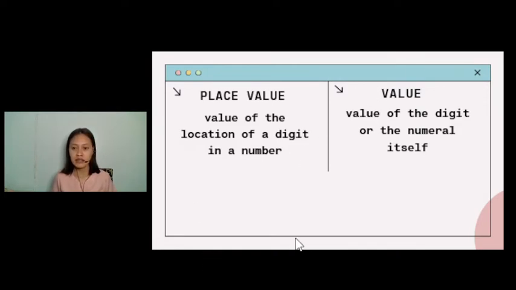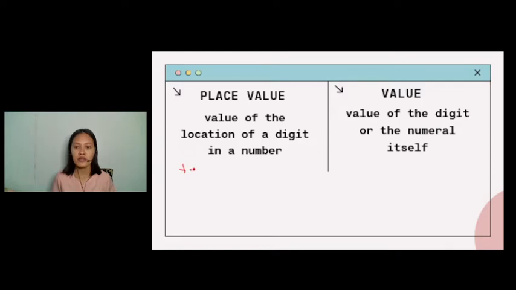Sa decimals, since ang ating topic ay nakalimit lamang sa 4 or sa 10,000s, we're gonna use 4 decimal place values. So, ano yung mga 4 decimal place values na yon?